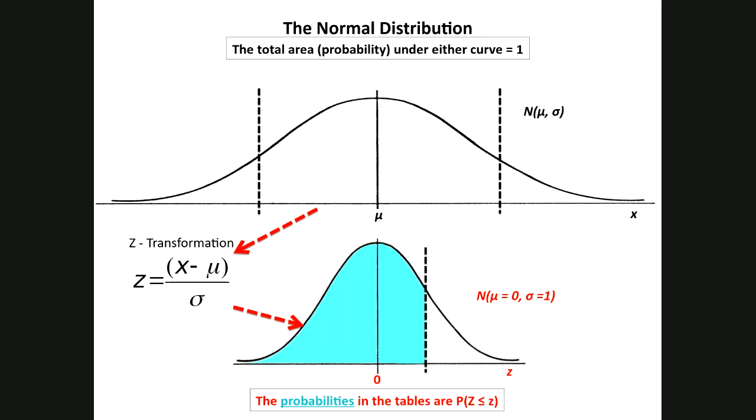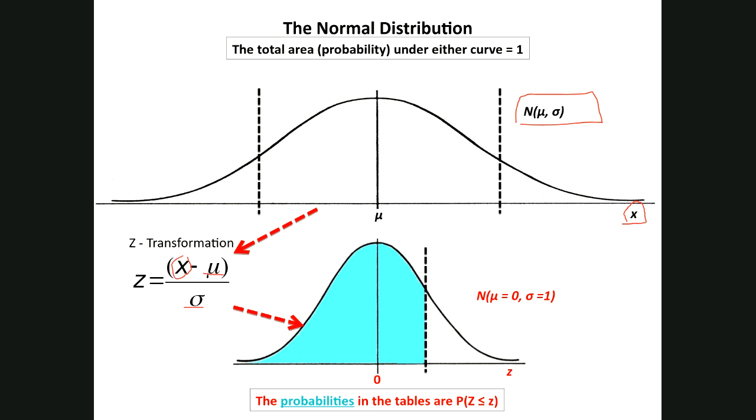Here's a standard normal, or excuse me, the top curve is just a generic normal distribution. And again, you'll see the parameters are some value of the mean and some value of the standard deviation. Then what we're going to do is take a value on this x-axis, and substitute in this value for x, a value for the mean and a value for the standard deviation.